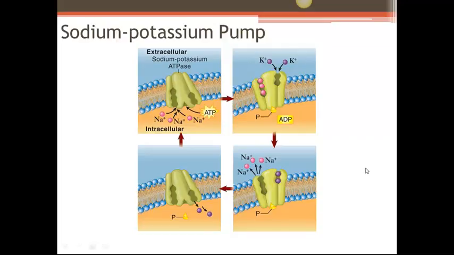For every 3 sodium in the cell, there are 2 potassium excreted outside the cell. And then when there are 3 sodium outside the cell, there are 2 potassium being brought into the cell. ATP is broken down in the process so that the energy freed from the ATP can be used to pump the ions.